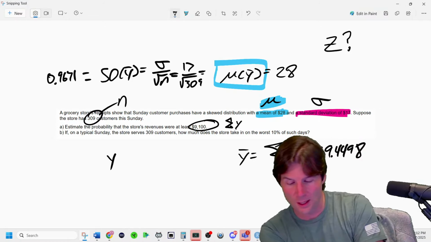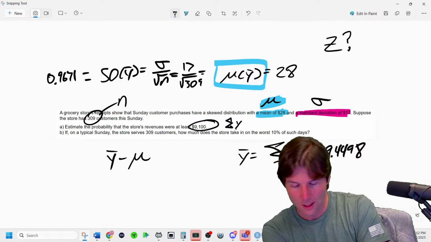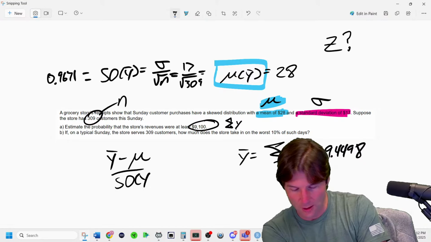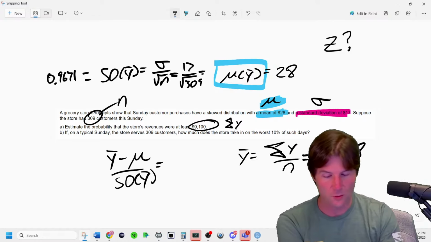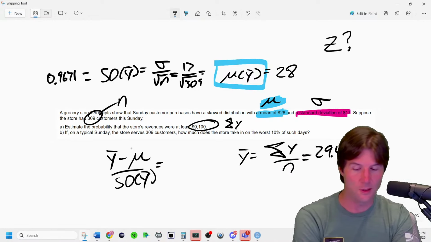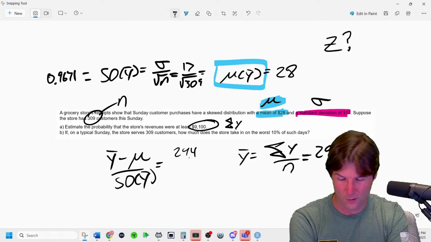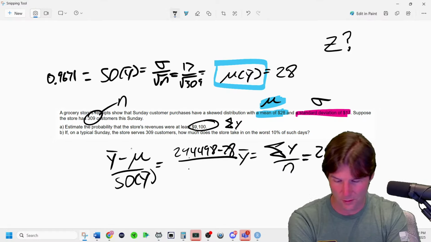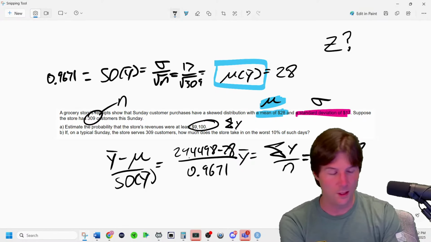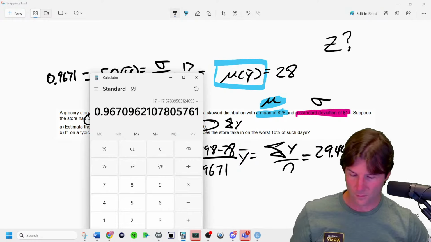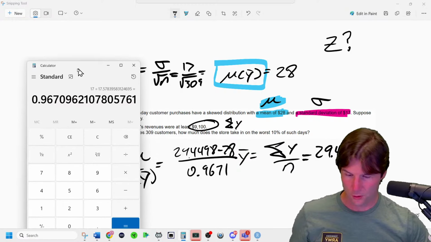The z-score is observation minus mean over the standard deviation of the distribution. So we would take 29.4498 minus 28 over the standard deviation of 0.9671.